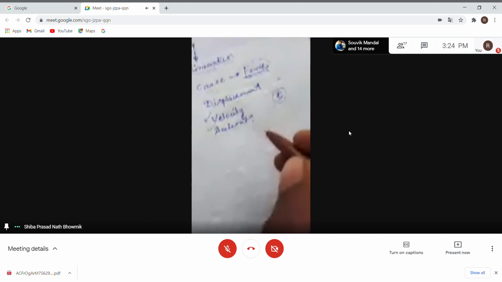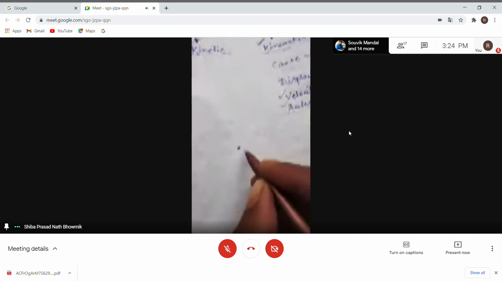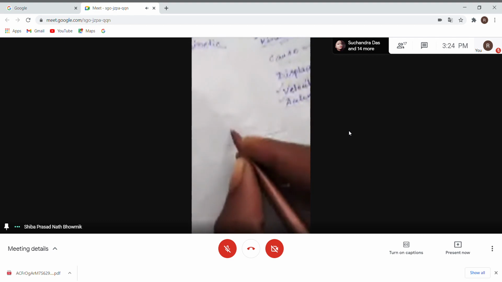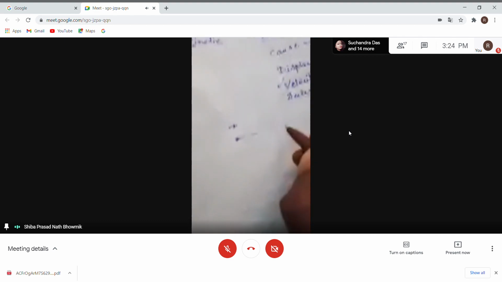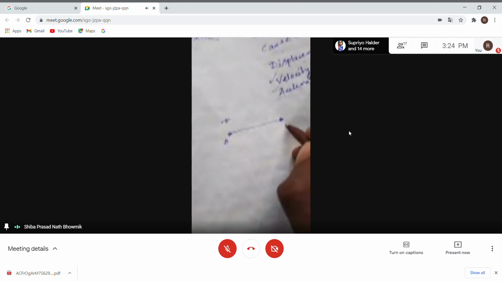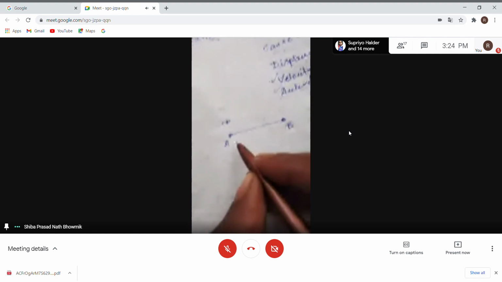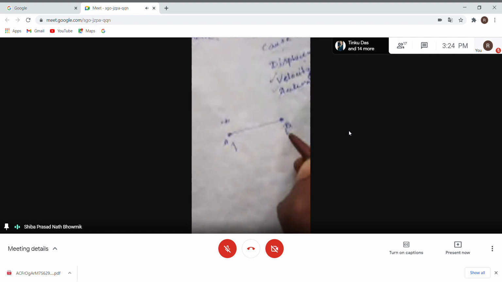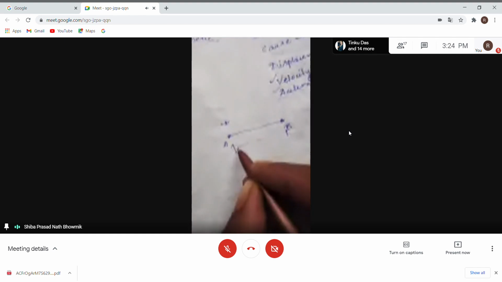Suppose the object was present here, then it moves in this direction and reaches another point. Say the point was A and the final point becomes B, and that distance is called the displacement.